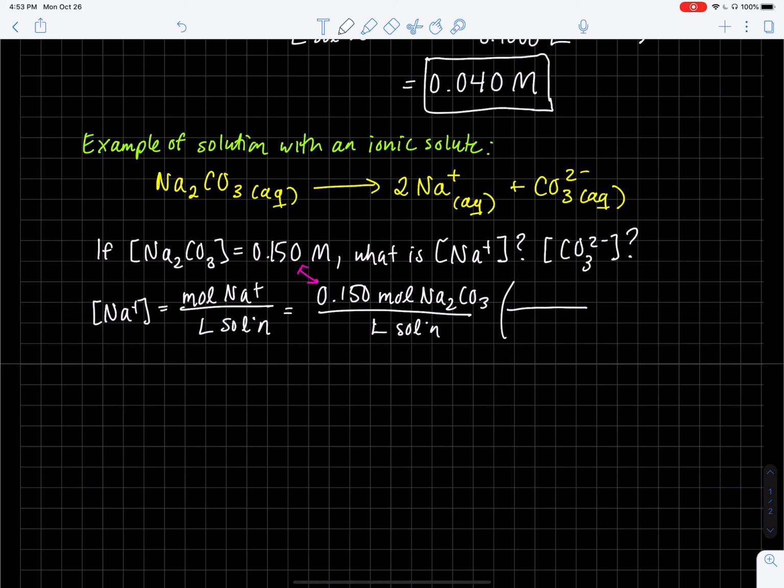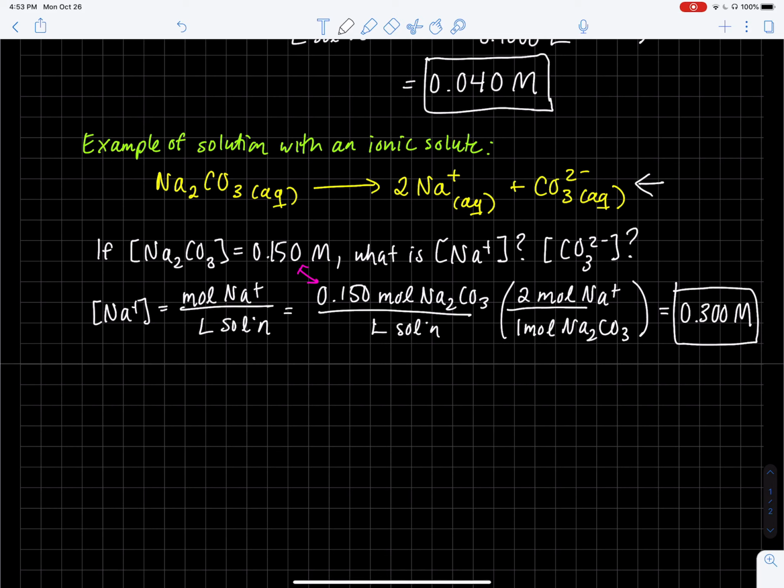I need to look at my dissolution equation here, or you can just look at the chemical formula and see that for every 1 mole of sodium carbonate, I have 2 moles of sodium plus. So I do that calculation and I find out that the concentration of sodium plus is twice the concentration of sodium carbonate. It's 0.3 molar, 0.300 with sig figs.